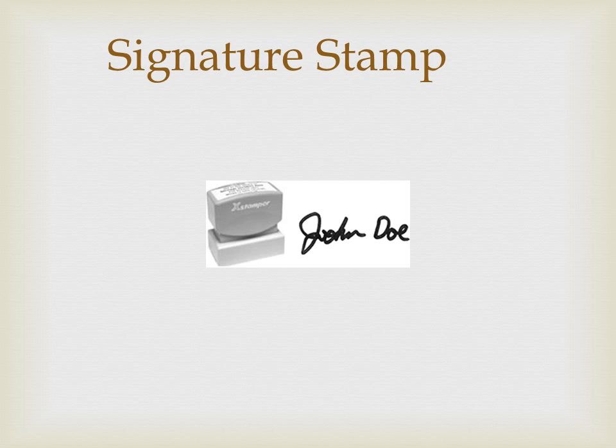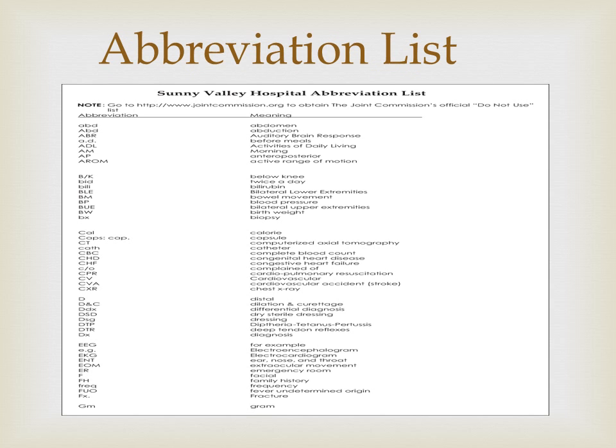Now, right after the slide that talks about amending patient records, there is a picture of a signature stamp. It has John Doe on it, just to give you a feel of what one looks like if you've never seen a signature stamp. There's also, after that, an example of what an abbreviation list will look like for the facility.